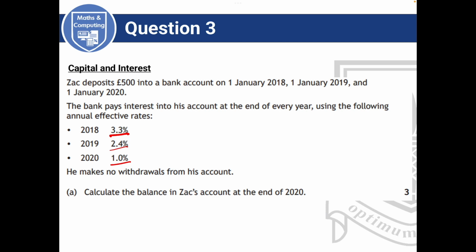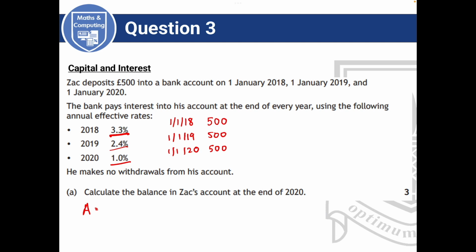Now, what I would do here is consider each of these deposits individually and think about what happens to each of them. The balance in his account, or what I would sometimes call his accumulated value, is going to be this first £500 that gets paid in on the 1st of January 2018. We get one that goes in in 2019, one that goes in in 2020, and it just says the end of 2020, so we're going to assume that they all get to have a little bit of interest paid in on them.